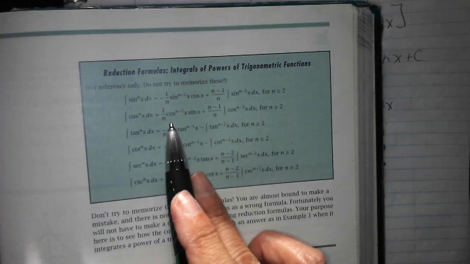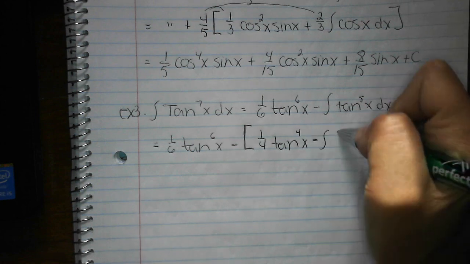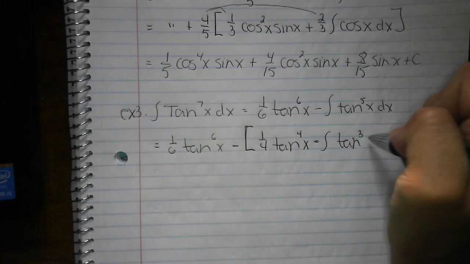So it's 1 over 5 minus 1, that'll be 1/4 tan to the n minus 1, that'll be 4th x. Let's see, minus integral of tan to the n minus 2, that'll be down to 3.